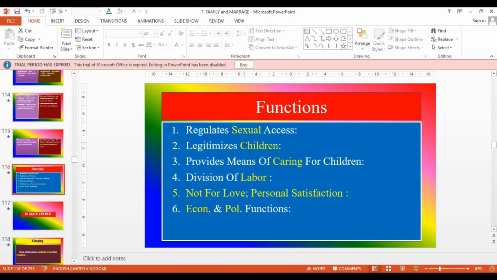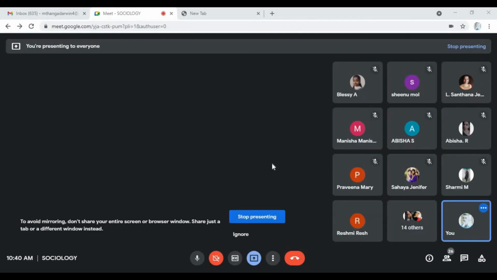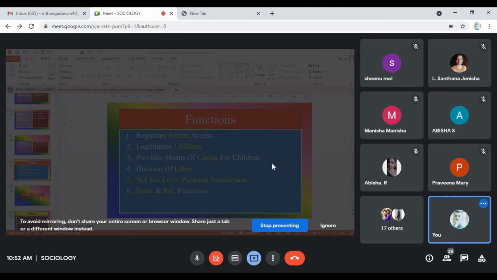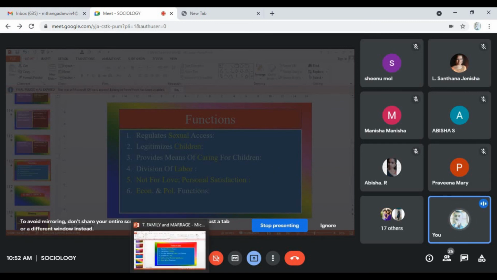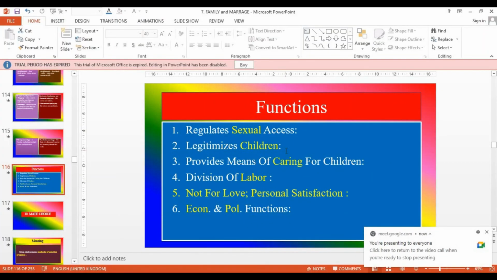We have already learned that sex is a fundamental biological need, fulfilled by marriage, giving men and women legal access to a sexual relationship. Second, legitimize children, which means to legally bear a child.